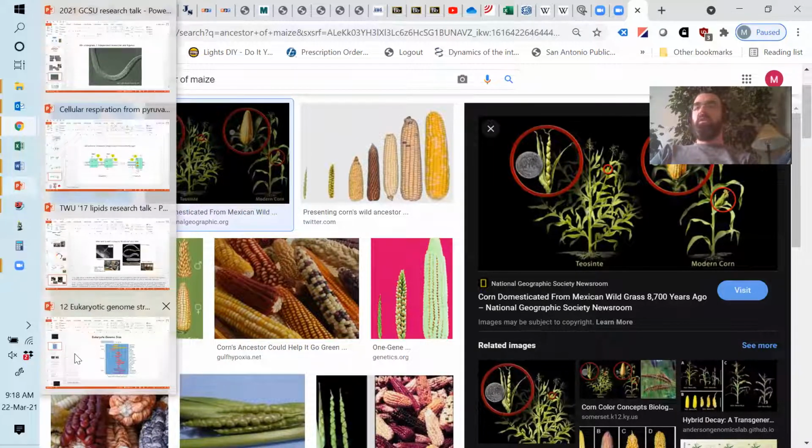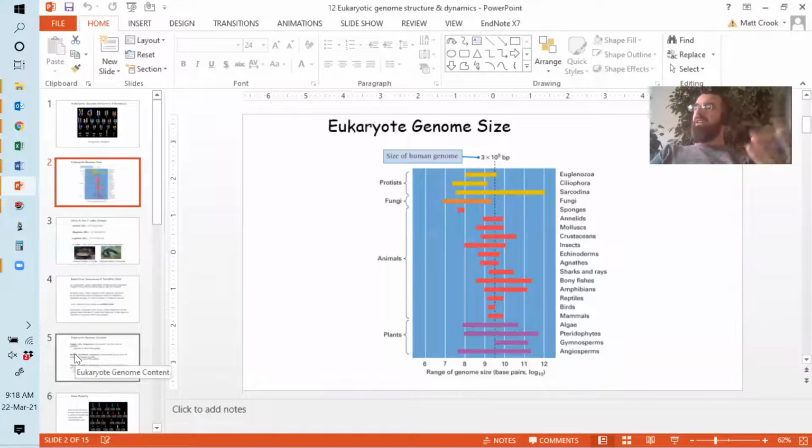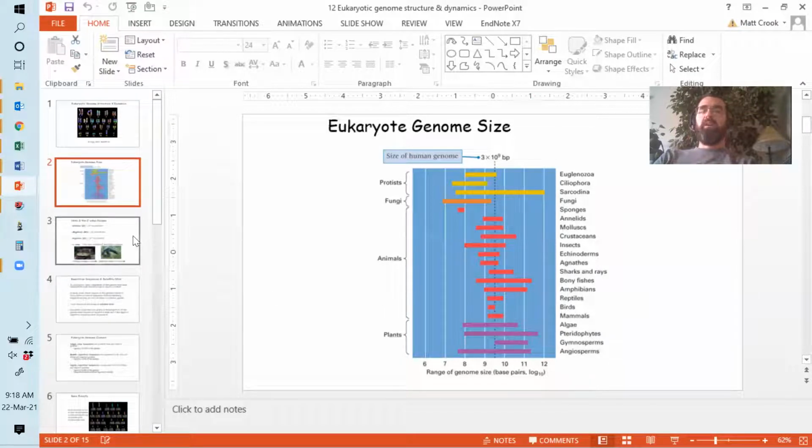You get a lot of these funky events in the history of particularly domesticated plants. I'm not so sure about animals, but plants certainly seem to be more prone to these hybridization and duplication events than animals. And that's in large part why we have this huge range over here.